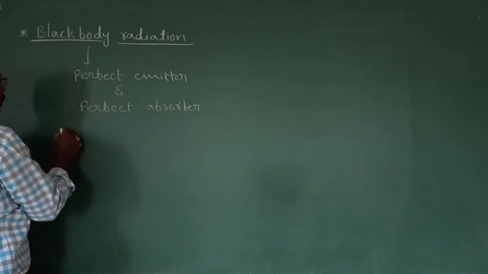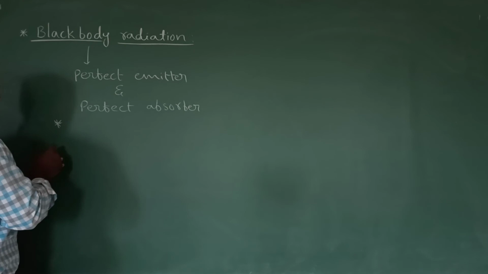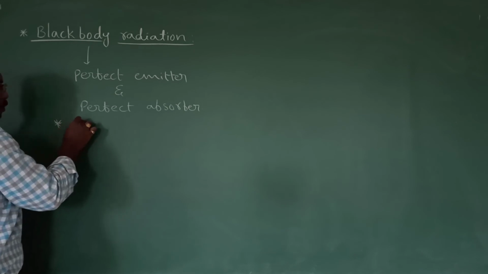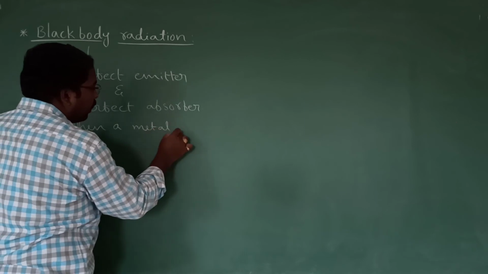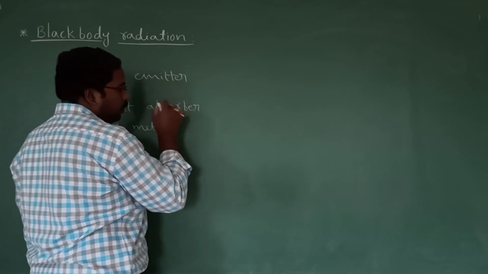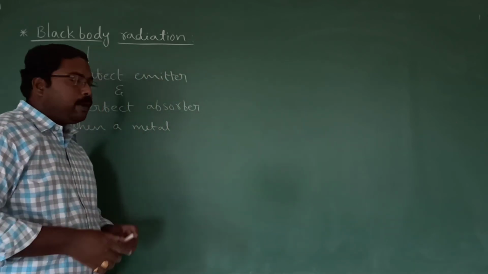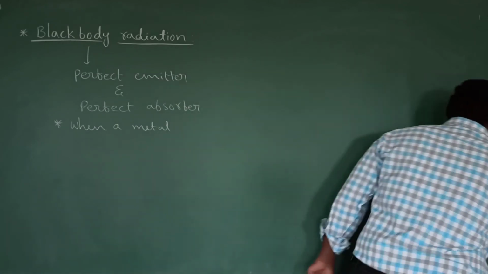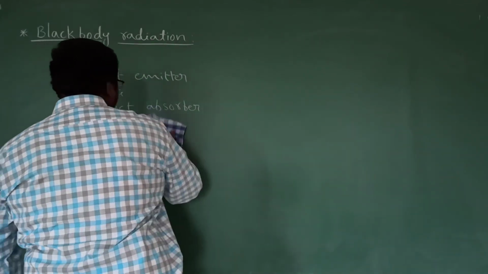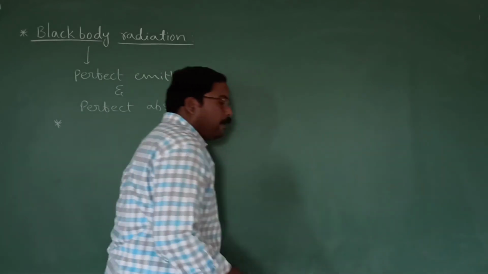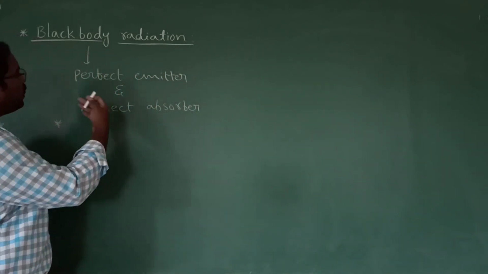Note down what is meant by black body. First note down the definition for black body. From an examination point of view, we need to know what is meant by black body.